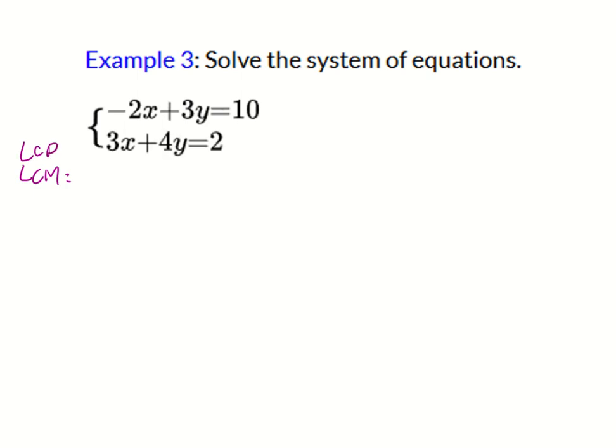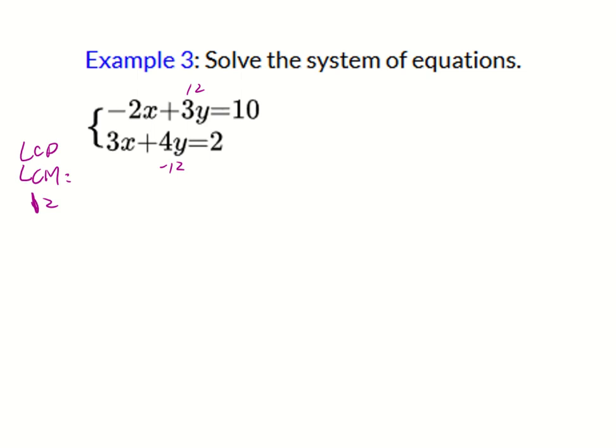For 3 and 4, the least common multiple will be 12. 12 is a multiple of 3, and 12 is a multiple of 4. So I will turn this 3 into positive 12 and 4 into negative 12, or the other way around.